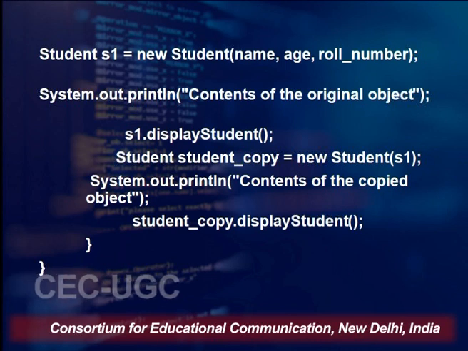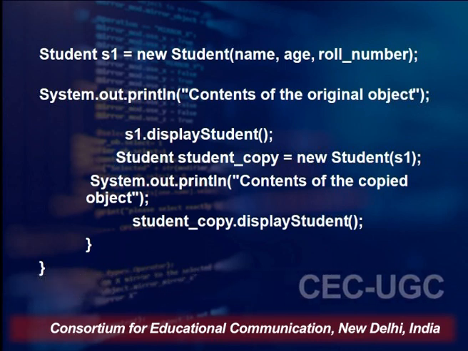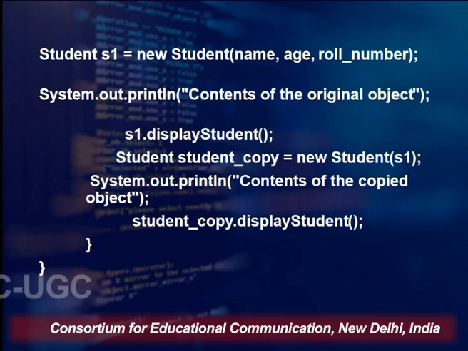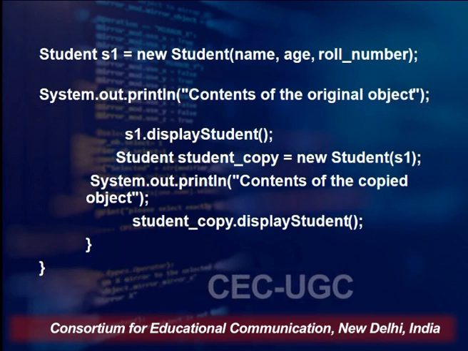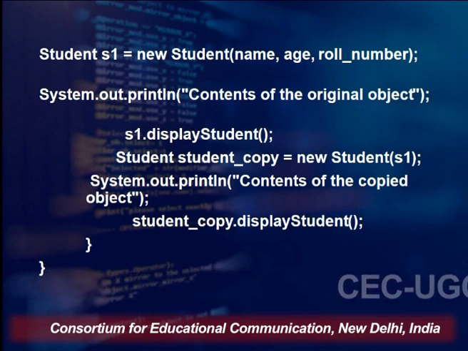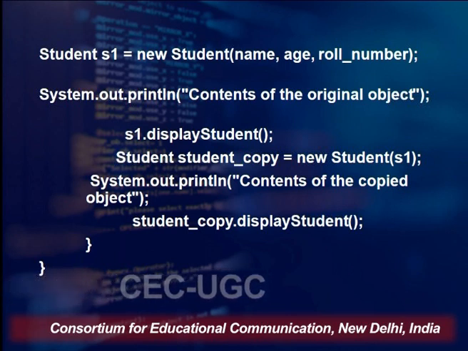On the next line I have used a copy constructor, and by using that copy constructor, another copy of this object S1 is created, which is named student_copy, and using the displayStudent function, the contents of student_copy are also displayed.